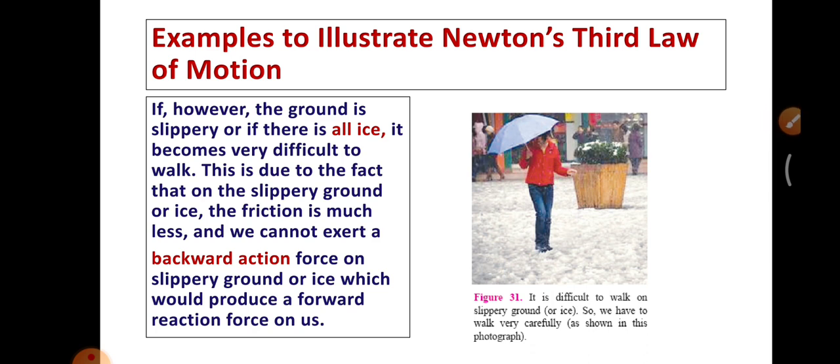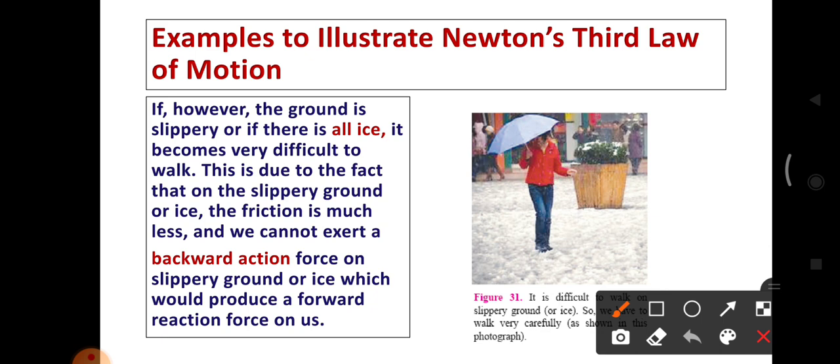The second example, if however the ground is slippery or there is ice, it becomes very difficult to walk. Why? This is due to the fact that on slippery ground or ice, the friction is much less. On smooth or icy ground, the friction is very little, and we cannot exert a backward reaction.